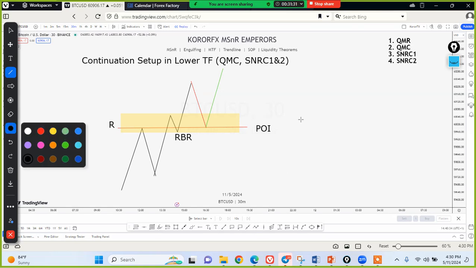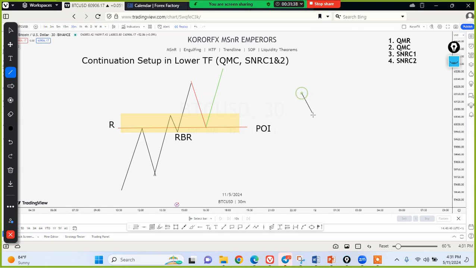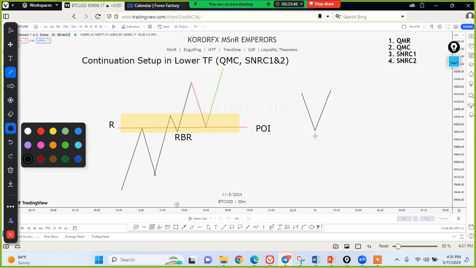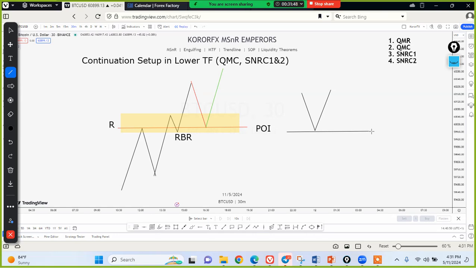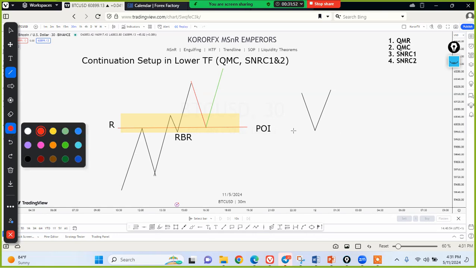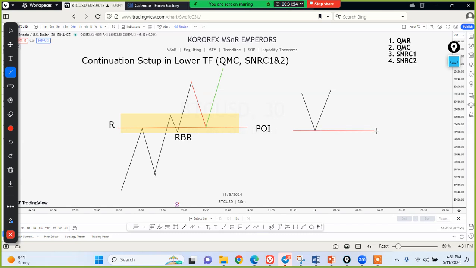When it comes to SNRC1 sell, we need the same, but inverted. Price creates a classical formation. It's a support level, guys. You have to know each SNR level. This is a support level.